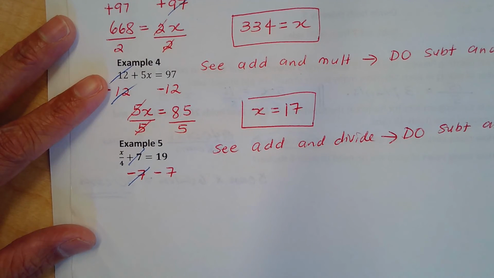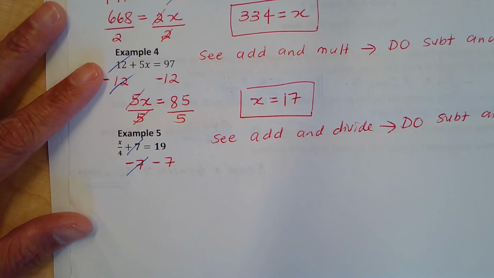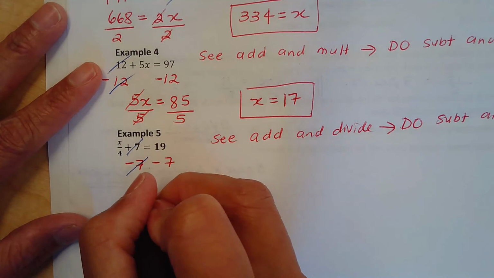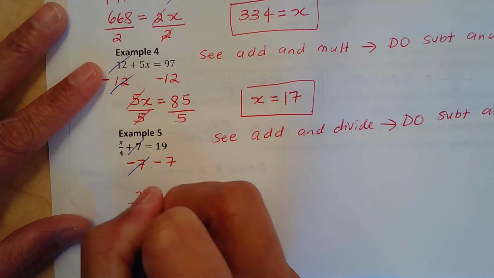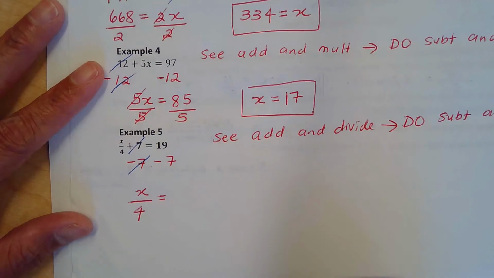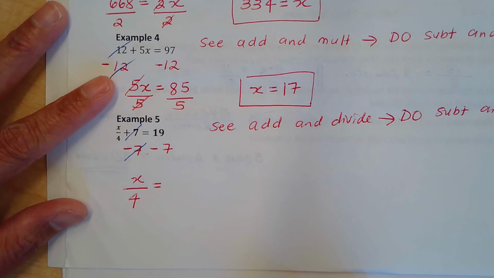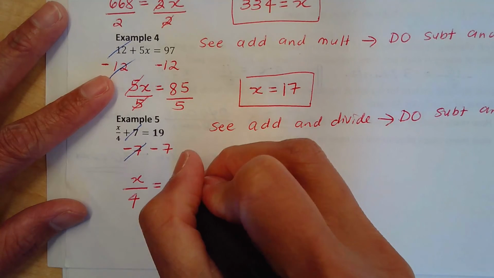7 cancels. We're left with x divided by 4, or over 4, equals 12, correct. Very good.